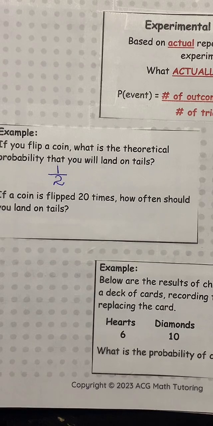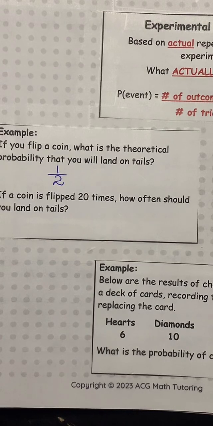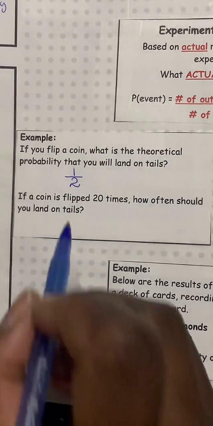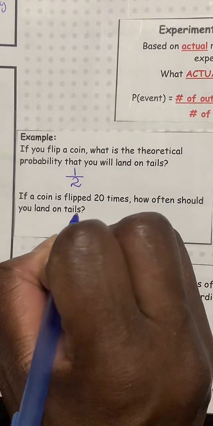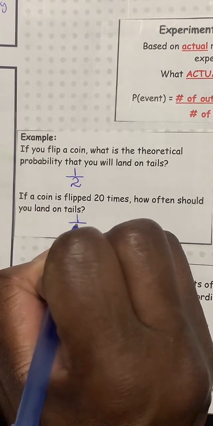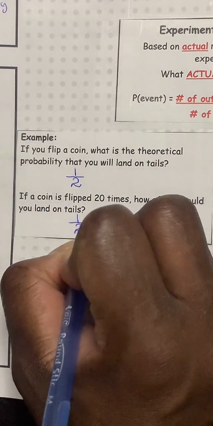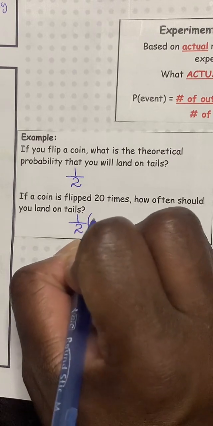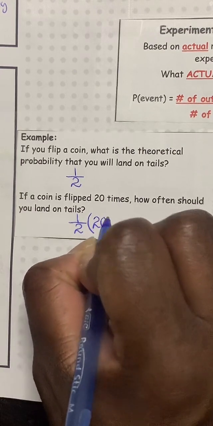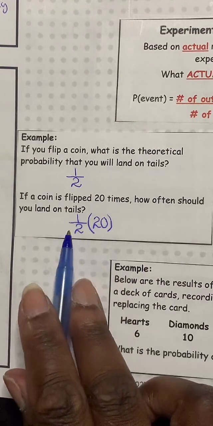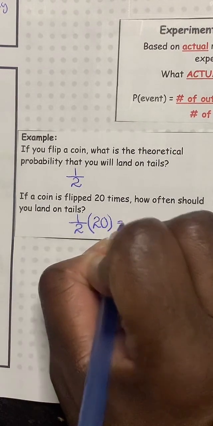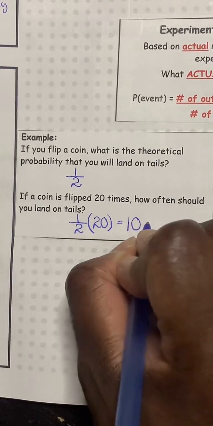Ryan is saying 10. How are they getting this? Well, if I did it one time, it's going to be 1/2. If I am flipping it 20 times, half of 20 is going to give me 10.